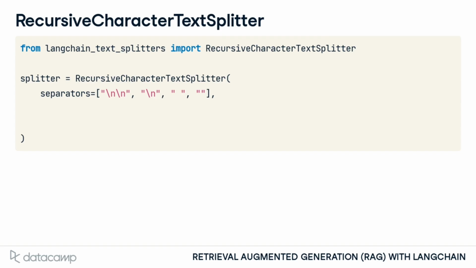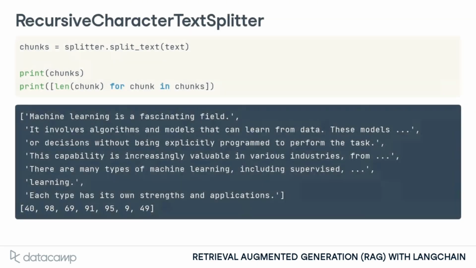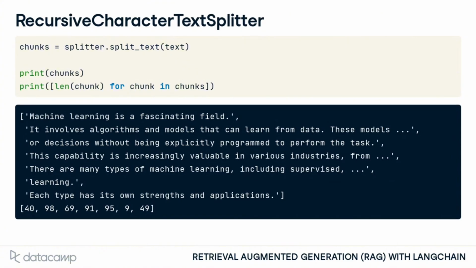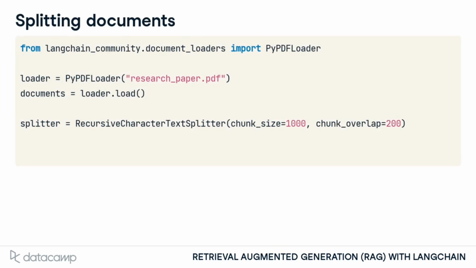It takes a list of separators and recursively splits using each one, attempting to create chunks below chunk size. For example, if the first separator creates chunks that exceed 100 characters, it will be split further using the next separator. Recursive character text splitter often preserves more context, which will result in more coherent responses from our RAG application.